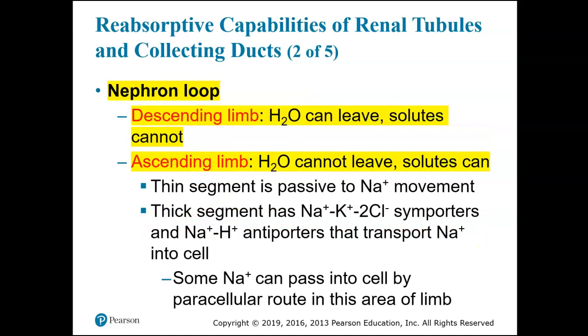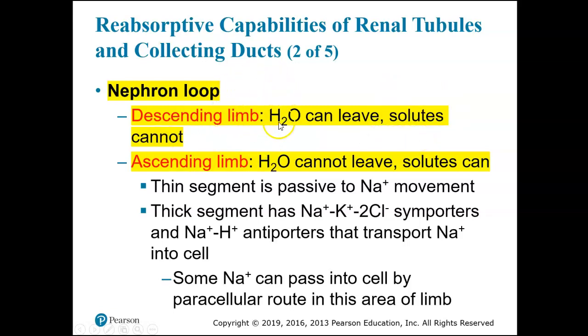Then we get to the nephron loop. And this is real important that you learn what happens in the descending limb versus what happens in the ascending limb. The descending limb has cells that line the nephron that allow water to leave, but solutes are not able to leave. Solutes are prevented from leaving, so the solutes stay in the filtrate in the descending limb.